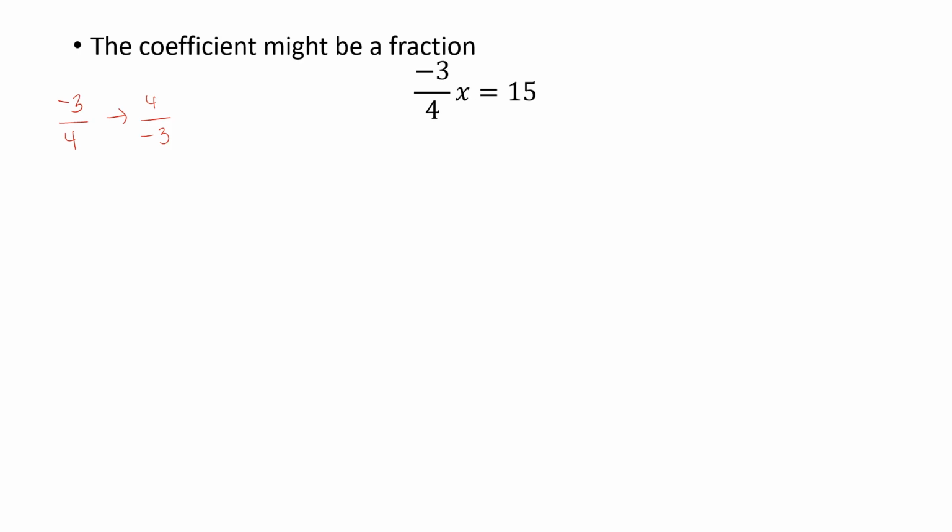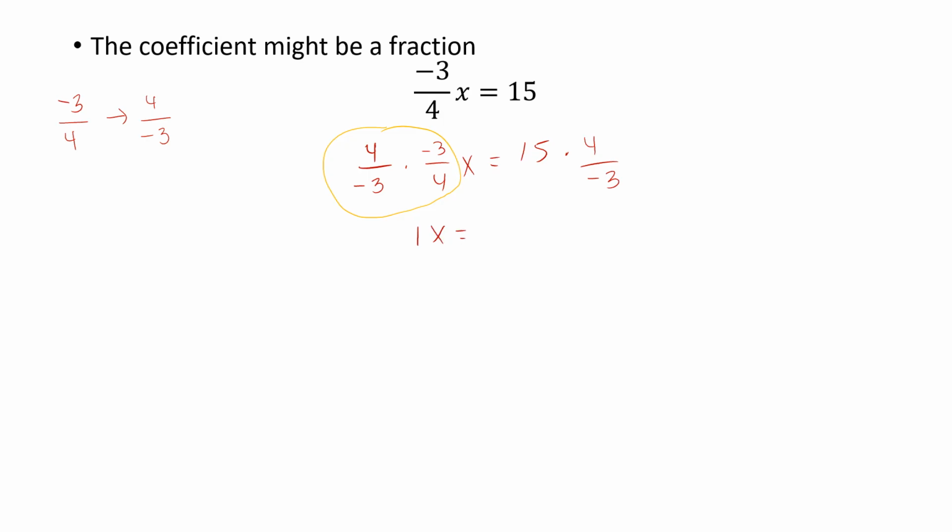So what we'll do here is we will multiply by 4/3. And whatever I do to the left side of the equation, I must do to the right side as well in order to keep it balanced. Any number times its reciprocal is equal to 1. And then you can grind this out.